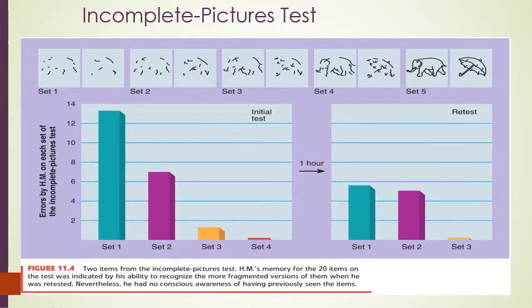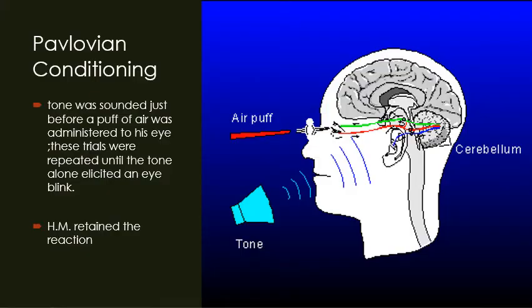Okay? Another test is the Pavlovian conditioning. So for sure you're familiar with the mechanisms of this, because it involves classical conditioning. So a tone was sounded just before a puff of air was administered to his eye. And these trials were repeated until the tone alone elicited an eye blink.